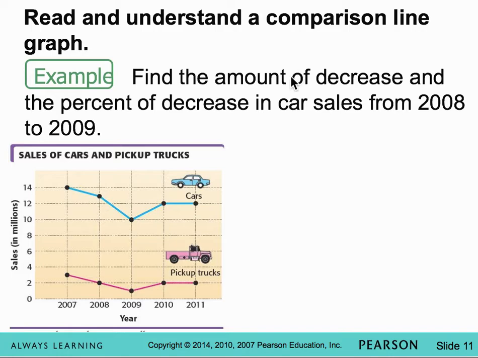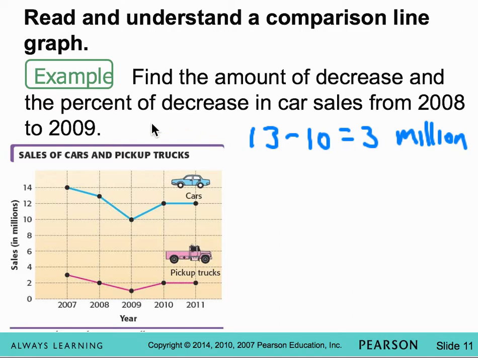So the amount of decrease from 2008 to 2009. So here's 8 and 9. So the amount is 13. Now I know these are in millions, but it's 13 million to 2009, 10 million. Oh, that's 3 million. What's the amount of decrease? 3 million.